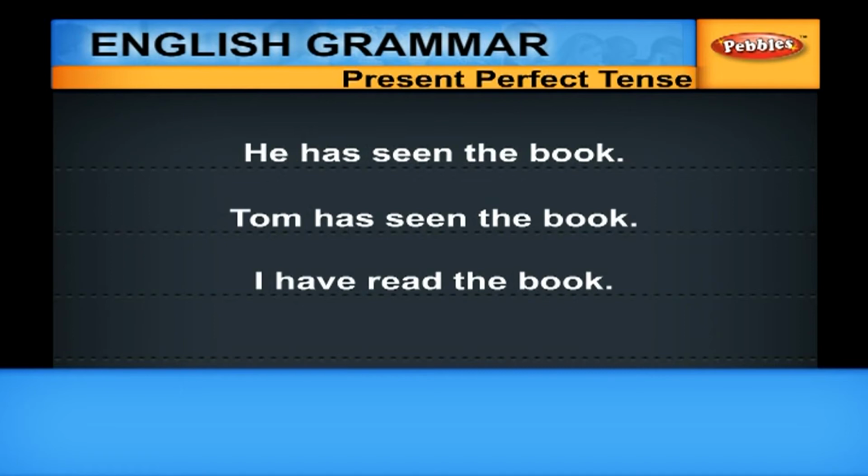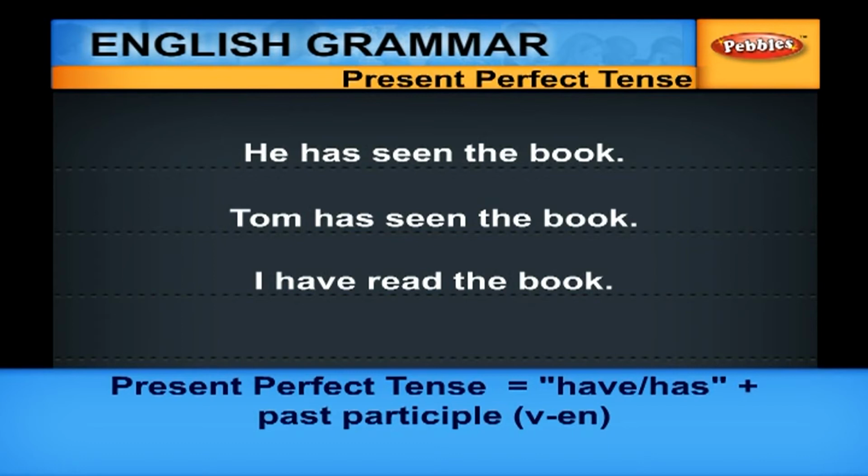So, a present perfect tense will have the have form as one helping verb and the past participle as the main or lexical verb. The helping verb will be have or has. Present perfect tense is equal to have or has plus past participle VEN.